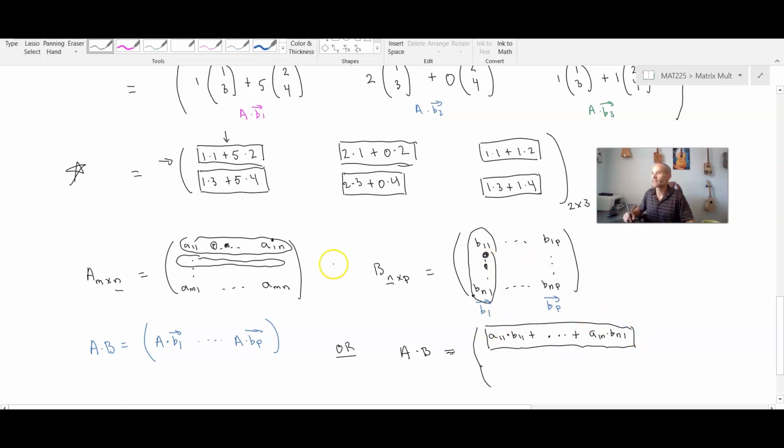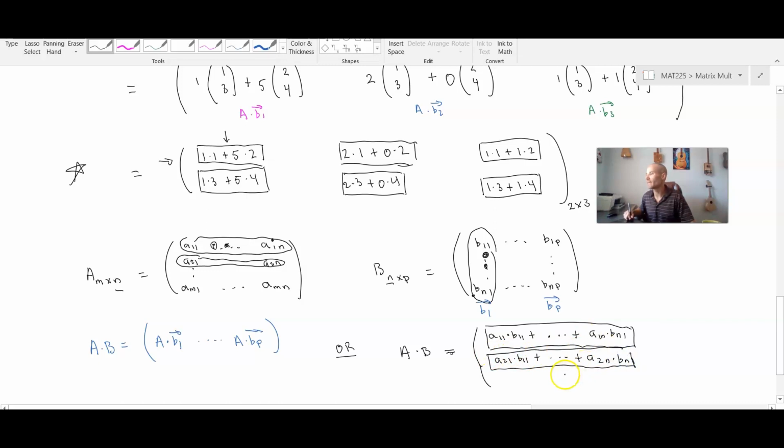So in our second row, which we would have A21 through A2n, we would have A21 times B11 plus all the way down the line, all the way up to A2n times Bn1, and that would be our second, that's just a single number right there.